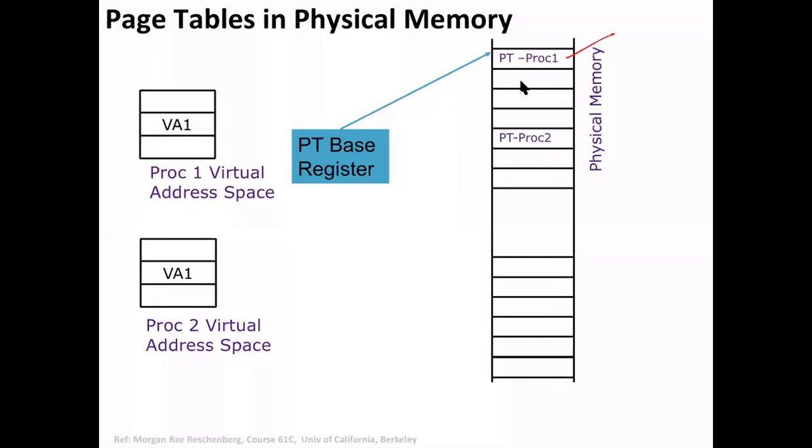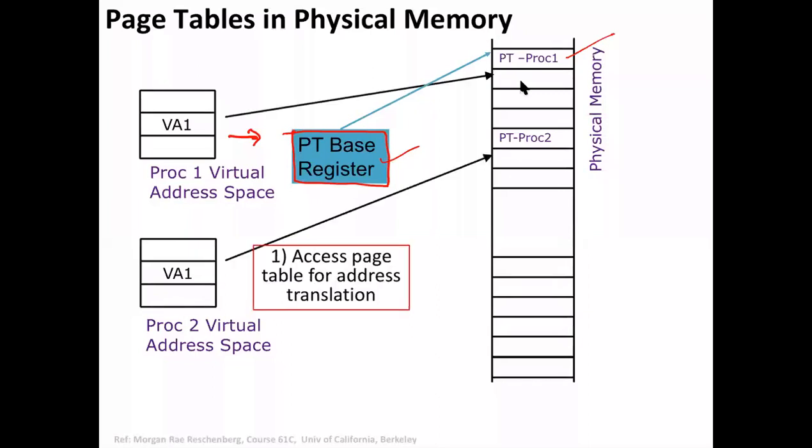When process 1 comes into execution, the OS loads that page table's starting address into something called the page table base register. So it's the responsibility of the OS to keep track of where the page tables reside in main memory and load that address into the page table base register whenever the process is in execution.